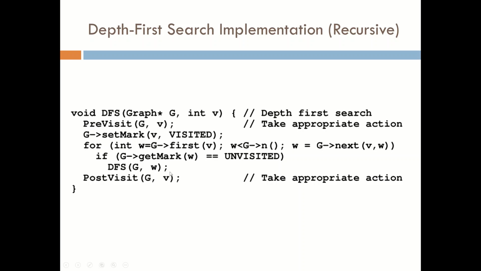That's basically going to be application dependent. But the idea is that we mark that vertex as visited, as we did in the previous slide, and then we go through all of the adjacent vertices, and if they're not visited, we call depth first search recursively with that new endpoint.